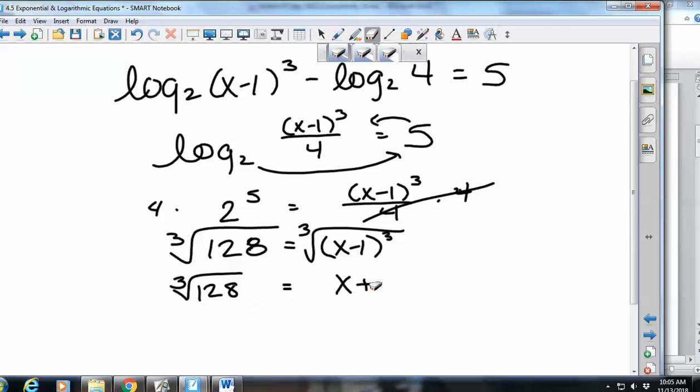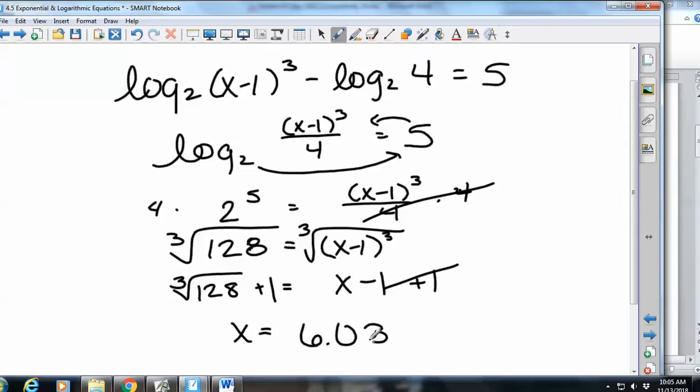Then what would you do to get your x by itself? Okay, so I'm going to put all this in the calculator at once to get my final decimal. I prefer 4 decimal places. I know the book did 3 last night. So if I type all this in, 6.0397.